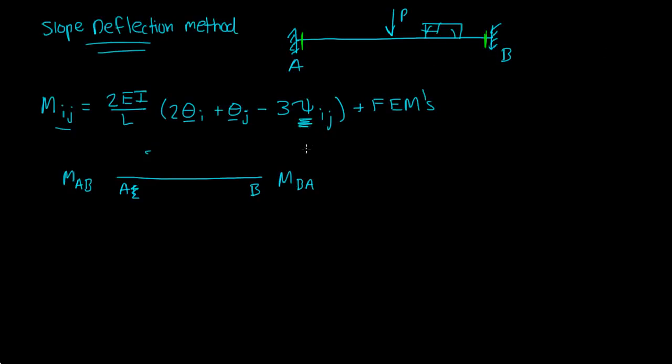This psi here is a chord rotation, so if any of these members on a structure we're studying rotates, not deflects, rotates, then there's a rotation. This I think is usually given in radians. So let's say we had an indeterminate frame, right?